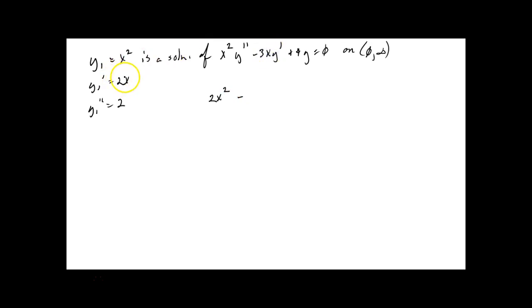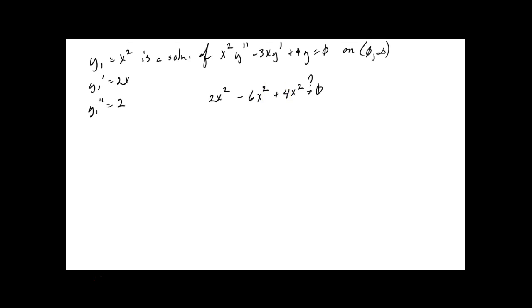So you got a minus 3 and a 2, so that would be a minus 6 x squared, because your y prime is 2x. Okay? Plus 4 times x squared. The question is, is that equal to 0? Well, let's see. 2 plus 4 is 6, minus 6 is 0. Yes, indeed, that is a solution.